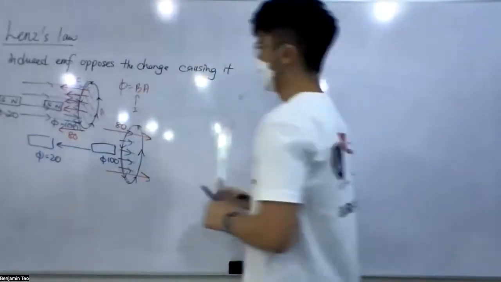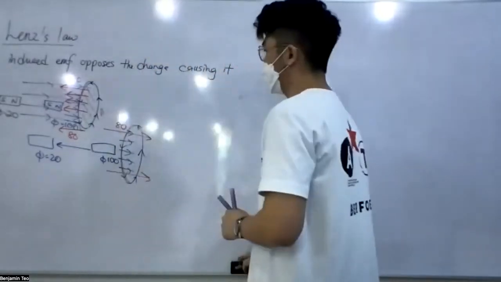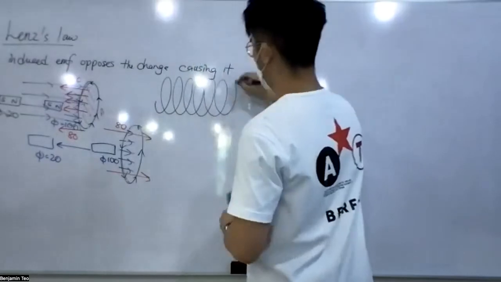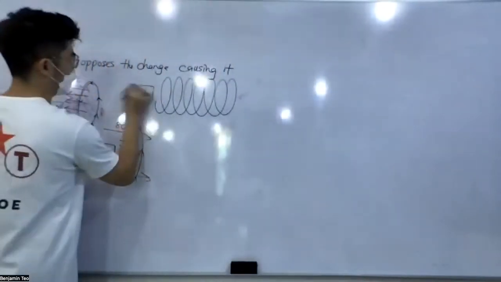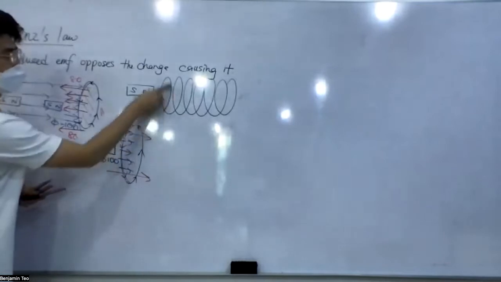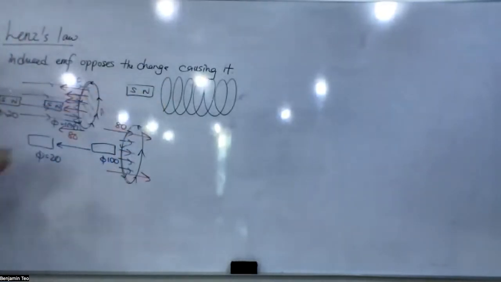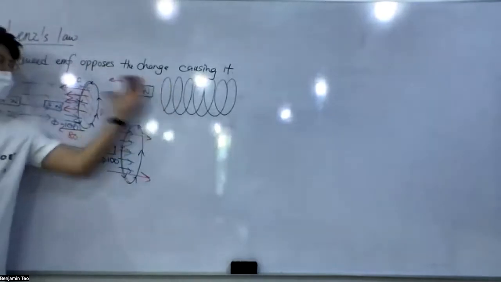Okay, so if I make this a solenoid, then here is the magnet, south and north. Okay, this is the first coil. Just think of it like multiple turns. If I remove this one like this, the field is in this direction, right?